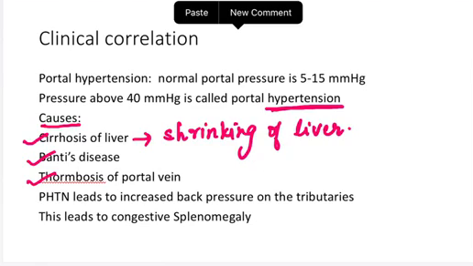Now the portal hypertension, as we already know, leads to increased back pressure on the tributaries. We know that the splenic vein is a tributary, a formative branch of the portal vein. So whenever there is a rise in the pressure of the splenic vein, it leads to congestive splenomegaly.